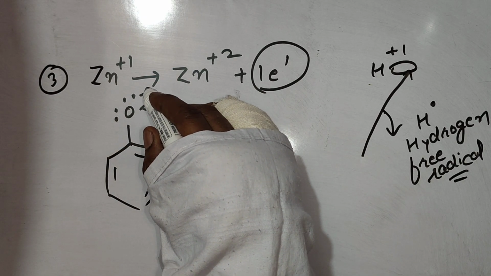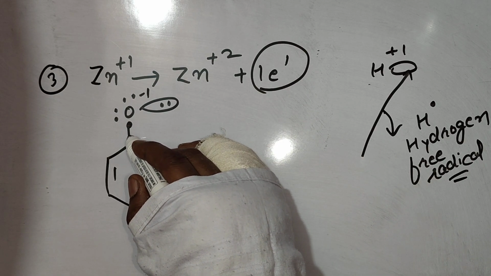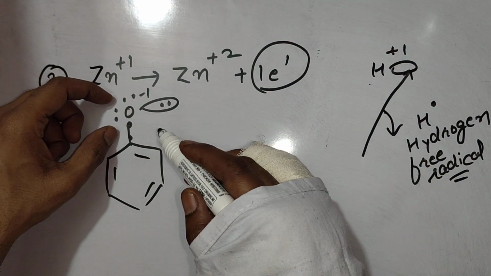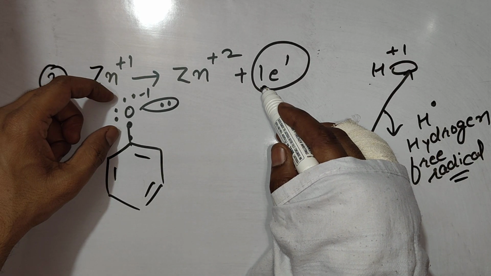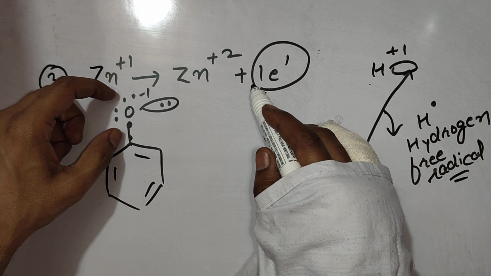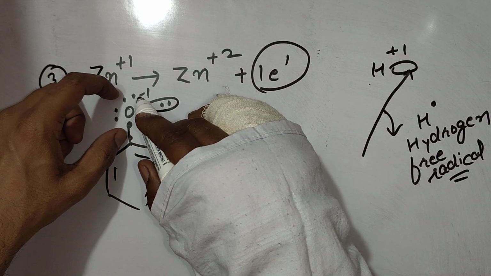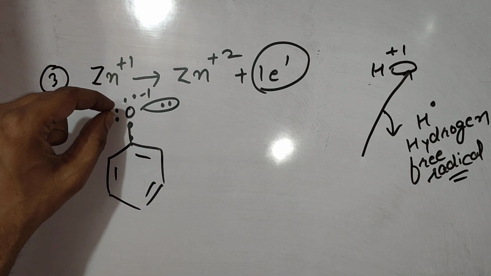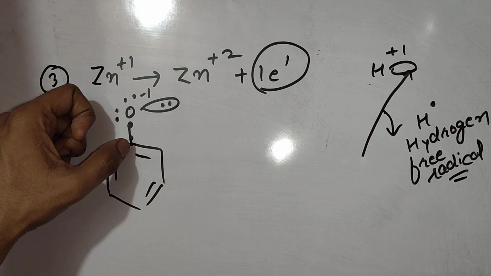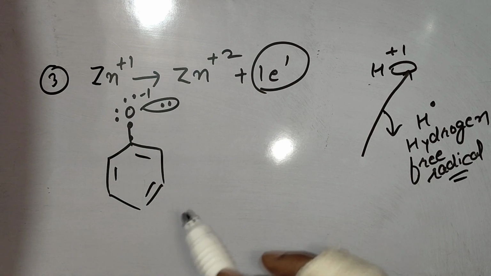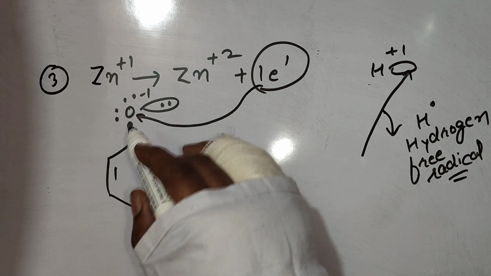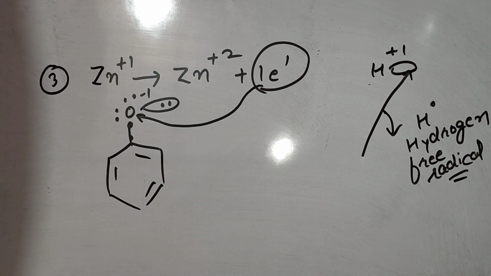Oxygen is already carrying a negative charge, but this electron is attracted by oxygen. No doubt oxygen is carrying a negative charge, but it is still more electronegative than this carbon. So this electron will go toward the oxygen side due to its higher electronegativity as compared to carbon.